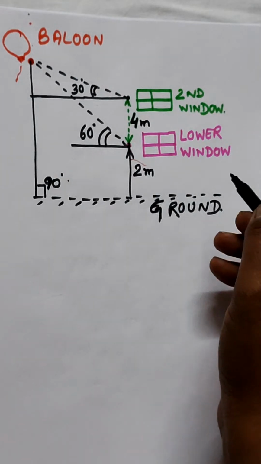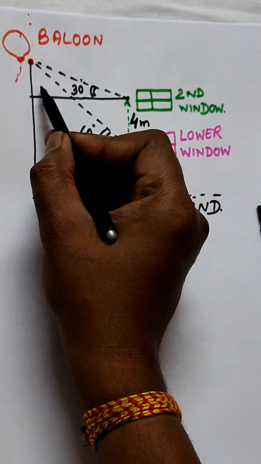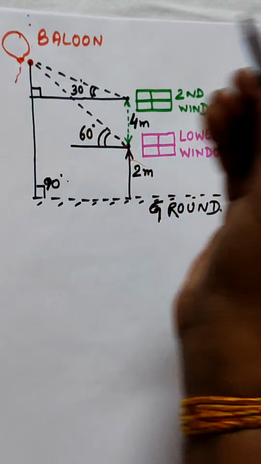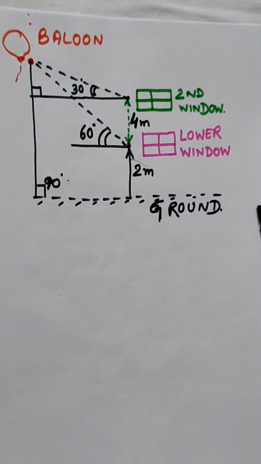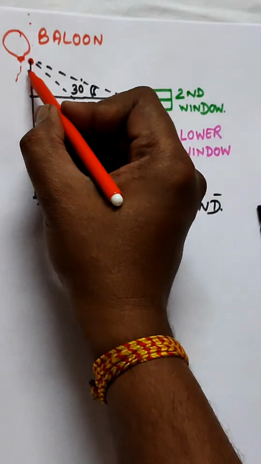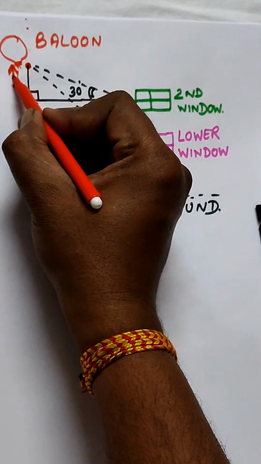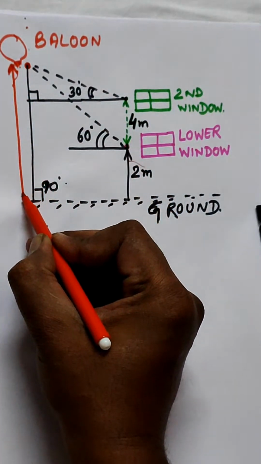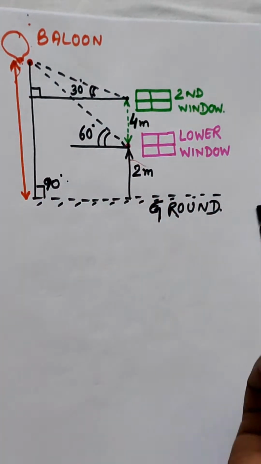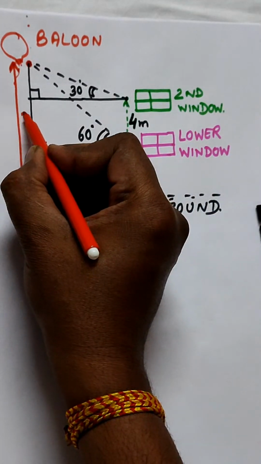And this is also a perpendicular, so it will also be equal to 90 degree. Now we have to find the height of the balloon above the ground. That means we need to find this height. This needs to be calculated, right?